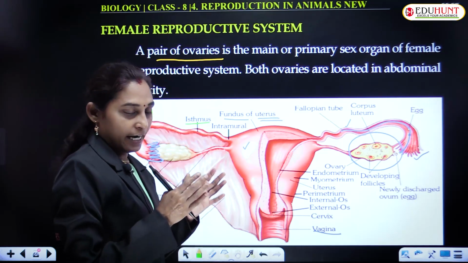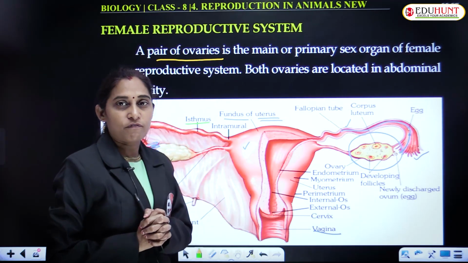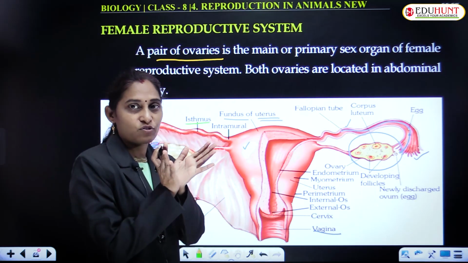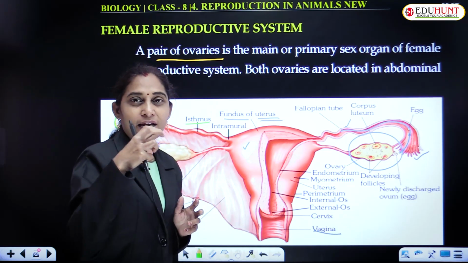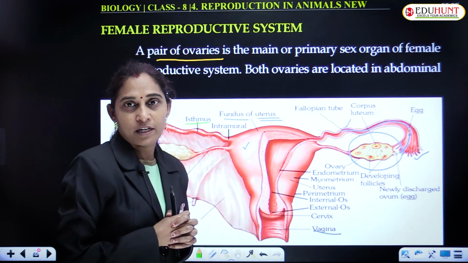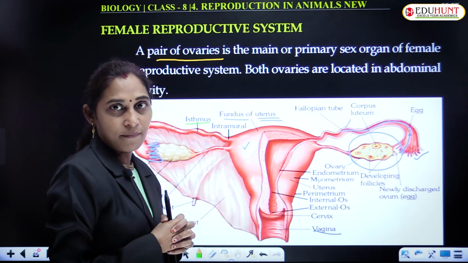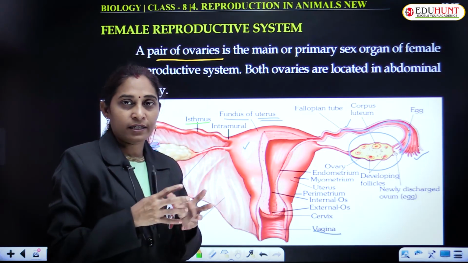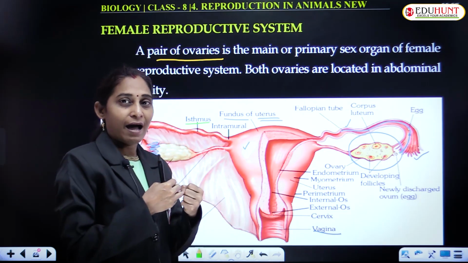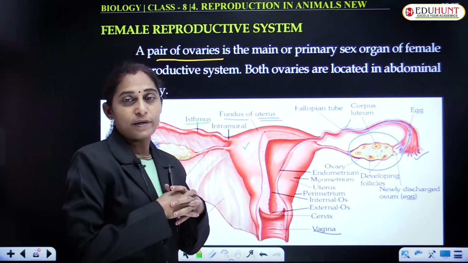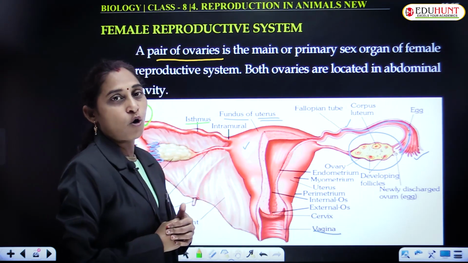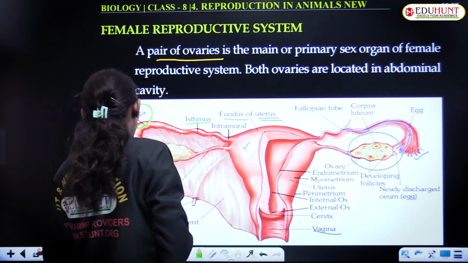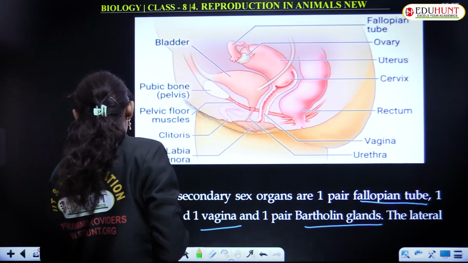The end of the fallopian tube with the funnel-like structure is the infundibulum, and its finger-like projections are called the fimbriae. These fimbriae help in collection of the ova after ovulation.